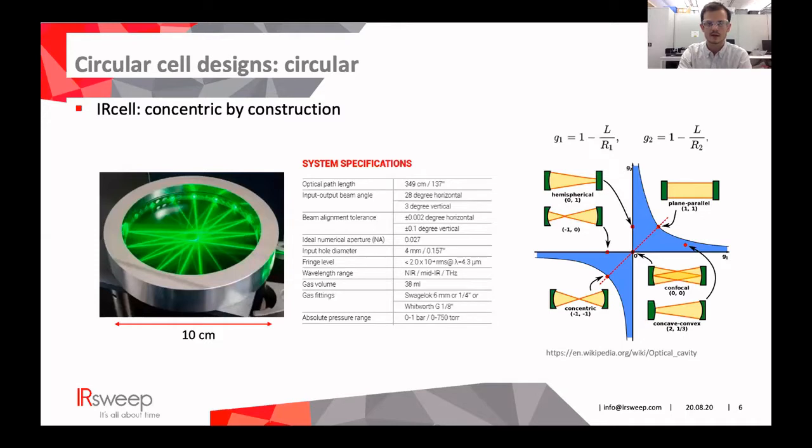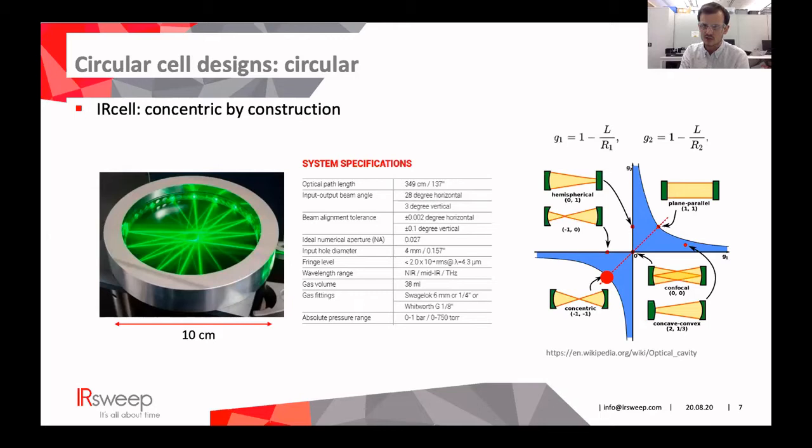Now, if we look at the optical design of our original first IR cell, it was round, or it is round. So by construction, it was using a concentric resonator. While this is good to manufacture and useful for circularly symmetric experimental environments, the challenge is that this design is, by construction, at the edge of the stability diagram.